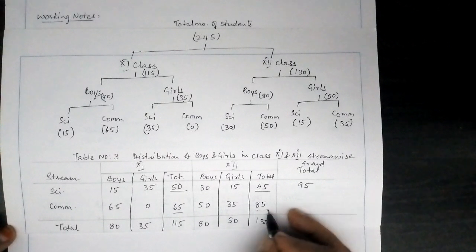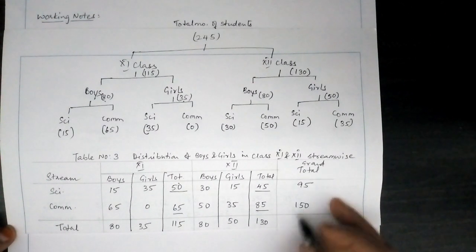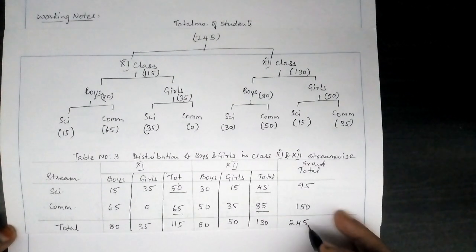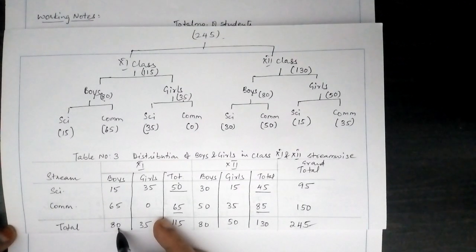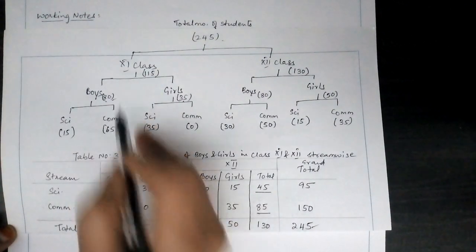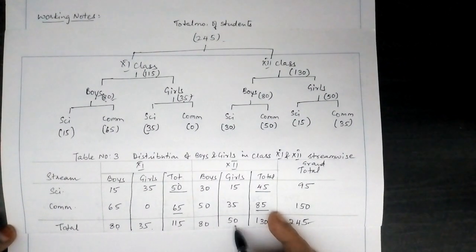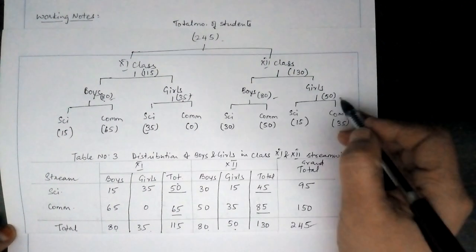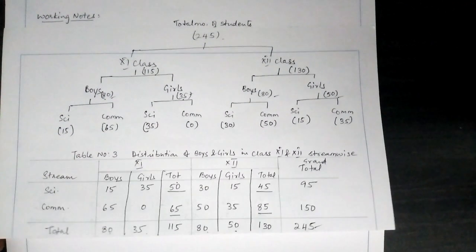Here we have 65 and 85, 150, and this total comes to 245. So we have 245 the total number, and 80 boys in 11th class, 35 girls here, and 80 boys here, and 50 girls in 12th. So the data is complete, and that is how we form a table.